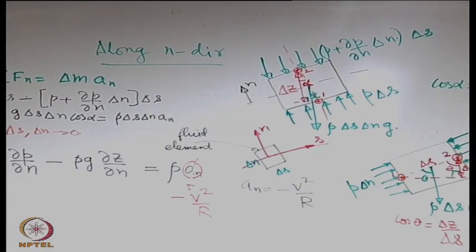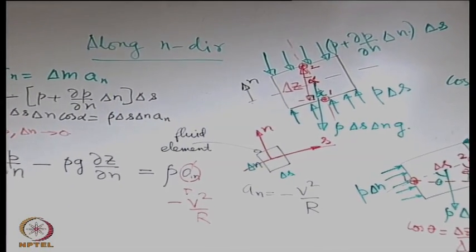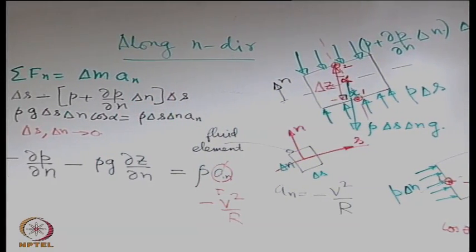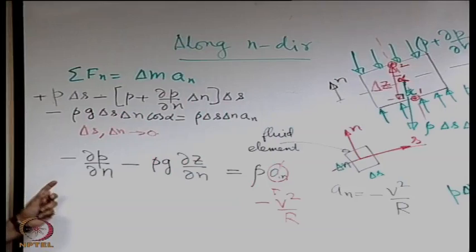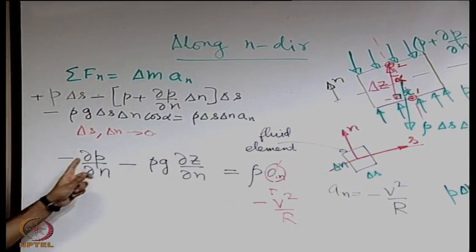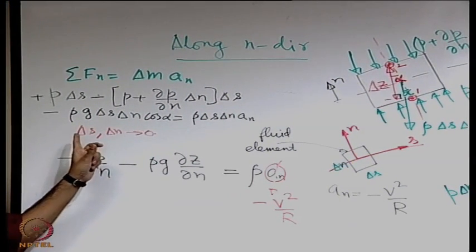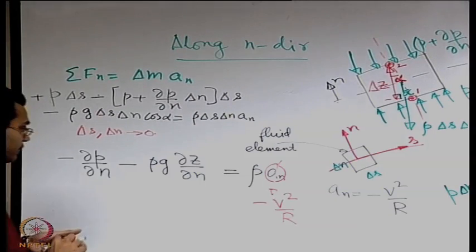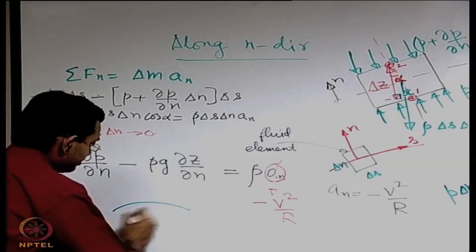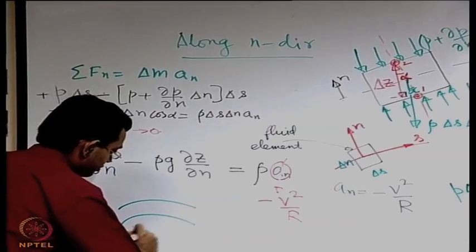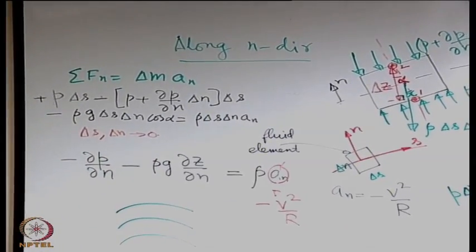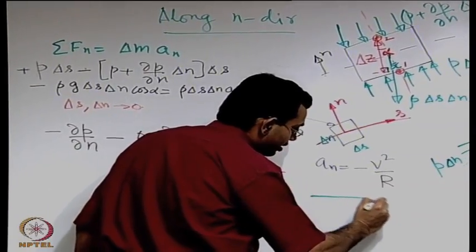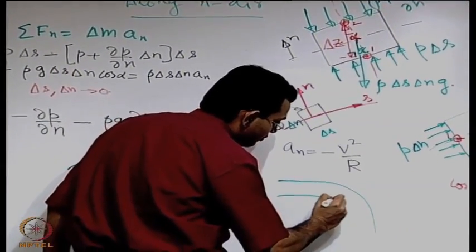So let us consider a very simple case to illustrate the use of this. So what does it say? It says that if there are curved streamlines, there will be a pressure gradient across the streamlines. So let us say that you have curved streamlines like this. When such curved streamlines are possible, let us say that you have a pipe bend. So there is a pipe which was carrying fluid like this.